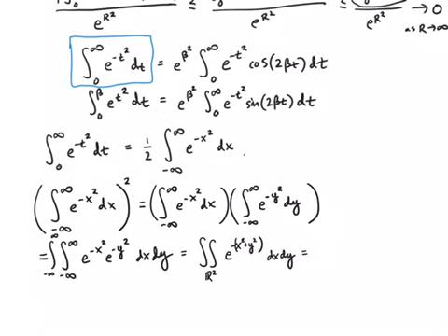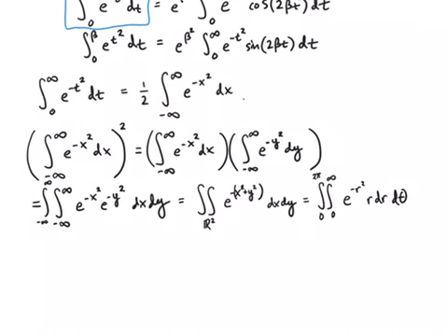So this is a double integral, and we have e to the minus r squared r dr d theta. Our r goes from 0 to infinity, and our theta goes from 0 to 2 pi, because that parameterizes the entire plane.